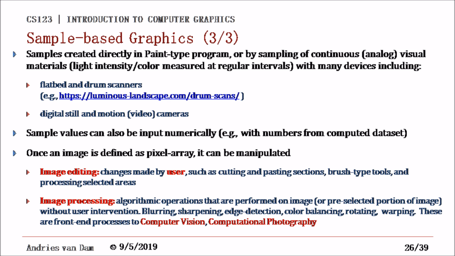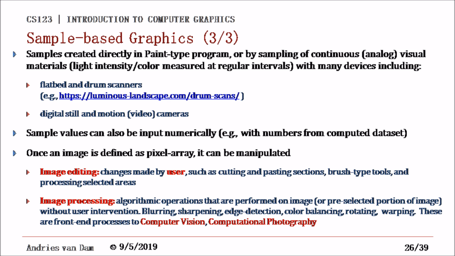in order to manipulate further. So once an image is defined as a pixel array, it can be manipulated as number 1, image editing, changes made by users such as cutting and pasting sections, brush-type tools and processing selected areas, and number 2, which is most important for research and further advancement, image processing, algorithmic operations that are performed on an image or pre-selected portion of an image without user intervention, that is blurring, sharpening, edge detection, color balancing, rotating, warping, etc. These are front-end processes to computer vision and computational photography.